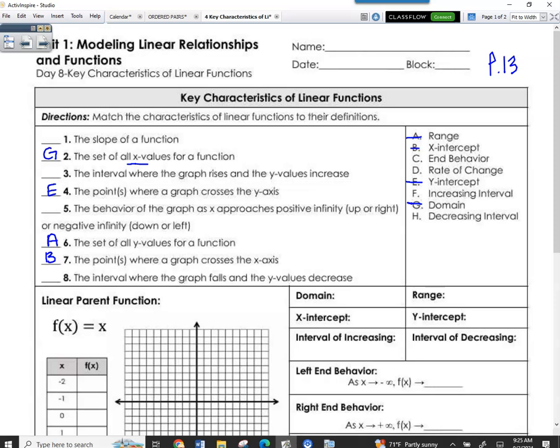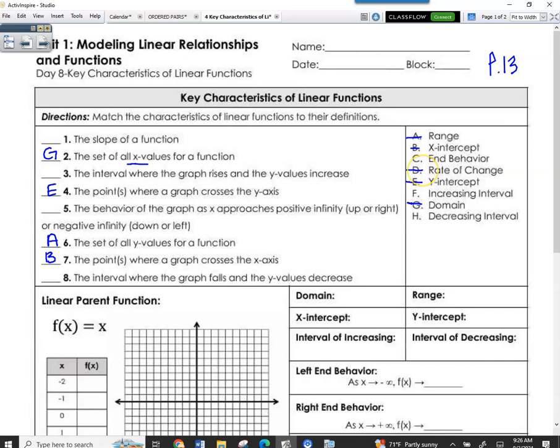Now what's left is stuff that we're going to learn, stuff you've talked about before in the past. So the slope of a function. Do you remember slope from middle school? Do you remember a phrase to represent slope? Yes, nice.